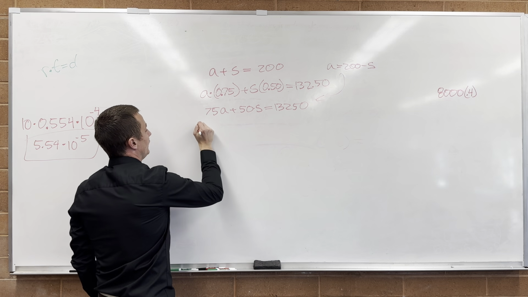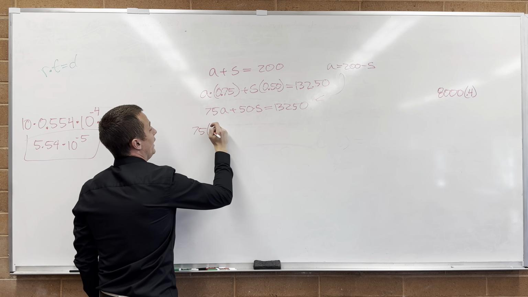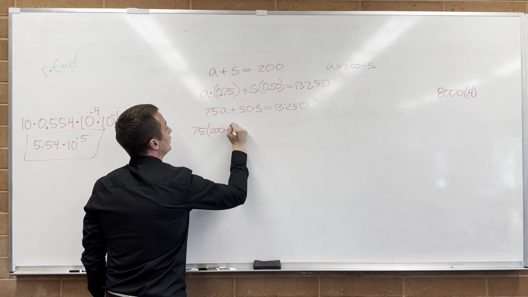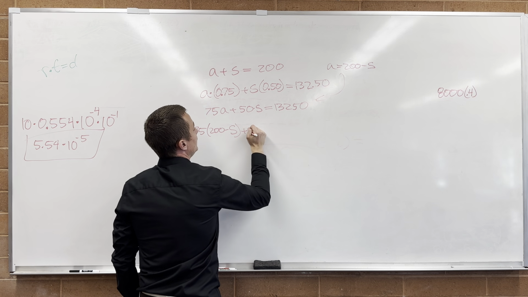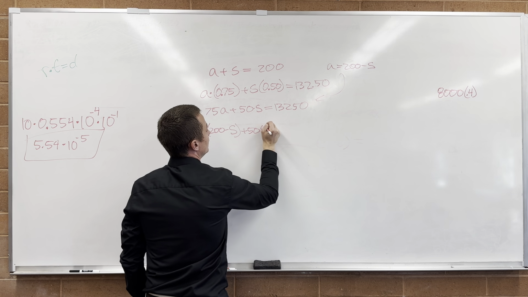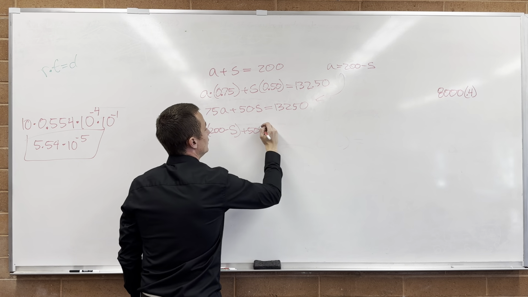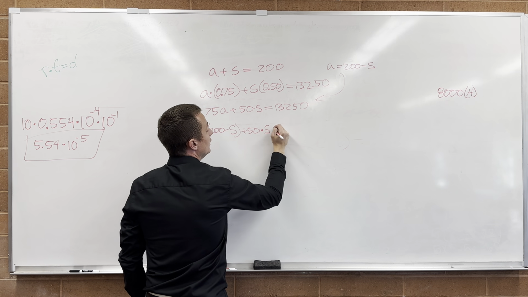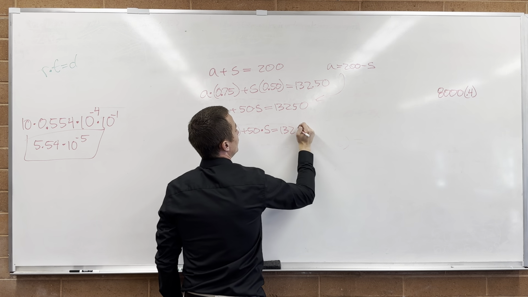So we have 75a plus 50s is equal to 13250.